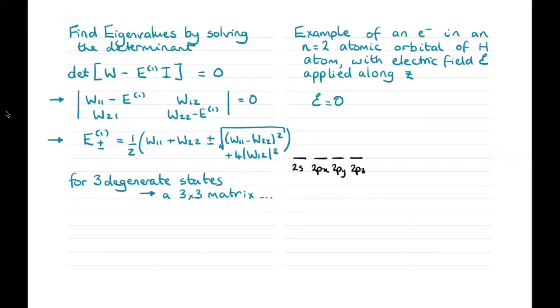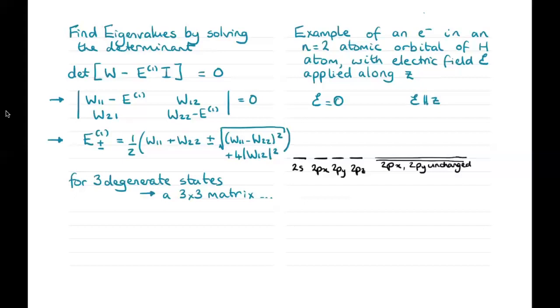Now, just by inspection, if we think of the symmetry of the 2px and the 2py orbital that are lying in the xy plane, when we apply an electric field along z, their energies are going to be unchanged. And so now when we have an electric field parallel to z, as we increase the size of the electric field, the px and the py orbitals are not affected by the electric field.